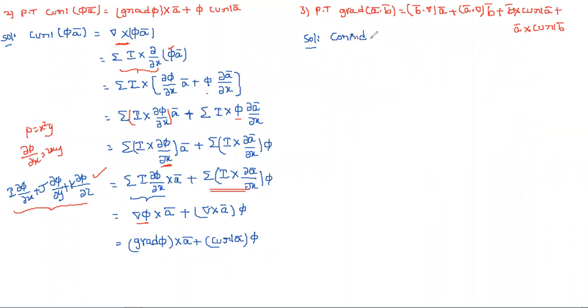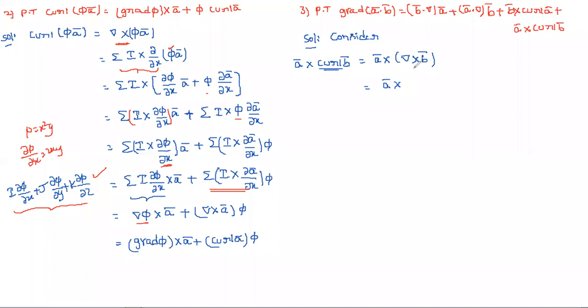Consider a bar cross curl b bar. Curl is nothing but, in symbolic notation, del cross b bar, so this is a bar cross del cross b bar. Now I'm going to apply the definition of curl.